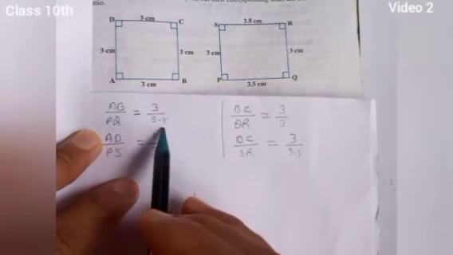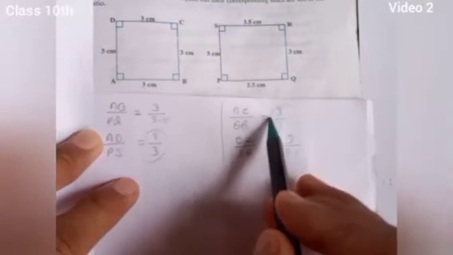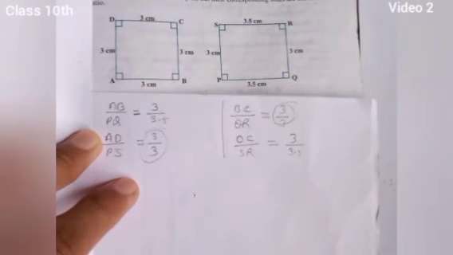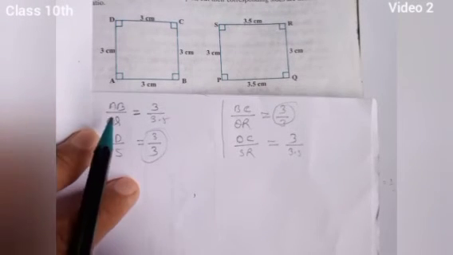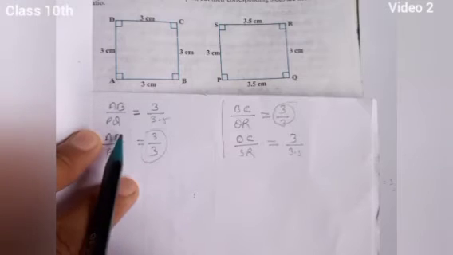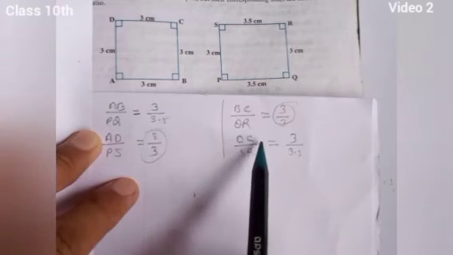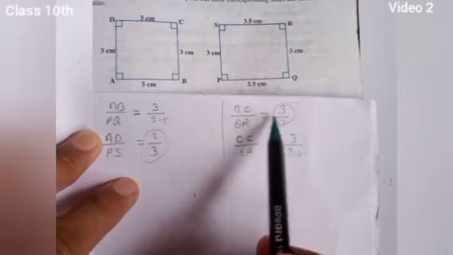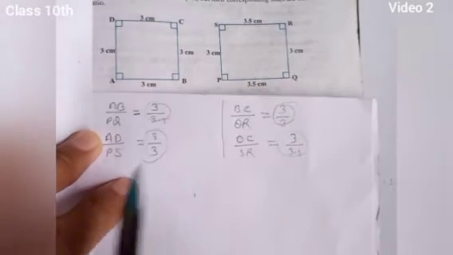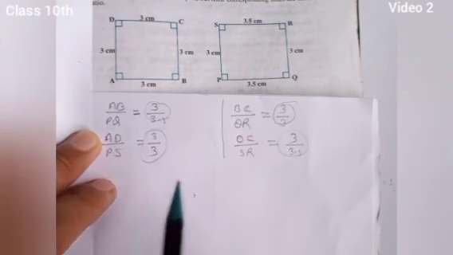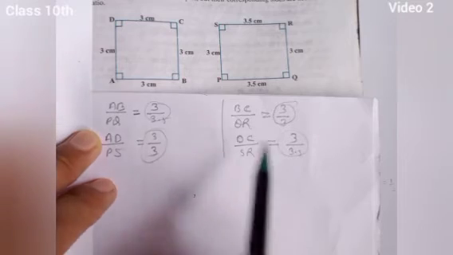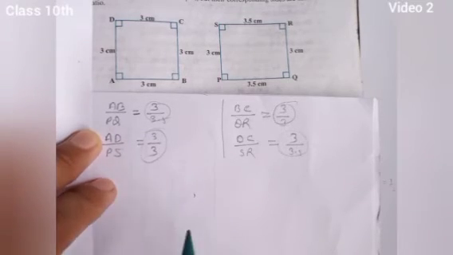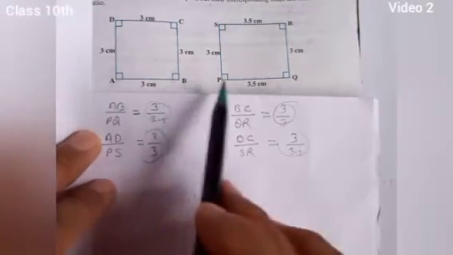So you can check that the ratio of these sides is equal, meaning 1. But AB upon PQ and DC upon SR are not equal to the rest. Hence we observe that the lengths of the sides are not in equal proportion. So the two are not similar.